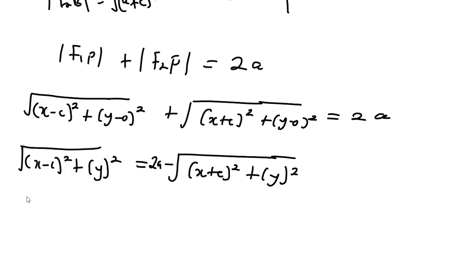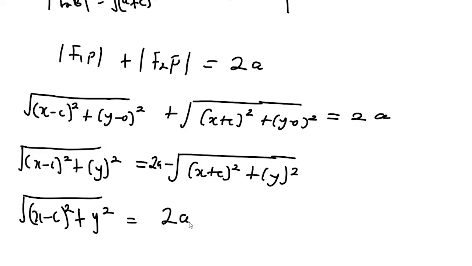So let me rewrite this. I have square root of x minus c all squared plus y squared being equal to 2a minus root of x plus c all squared plus y squared.